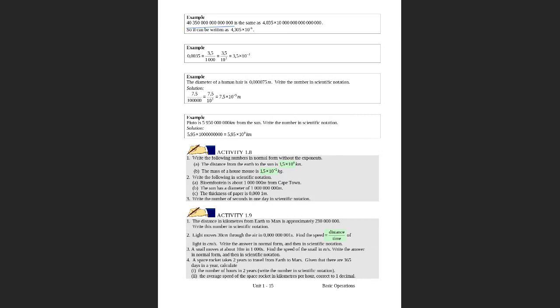So we start from here. We write in scientific notation. The number must be between 1 and 10. So you must find a way to change this number so that it will be between 1 and 10.